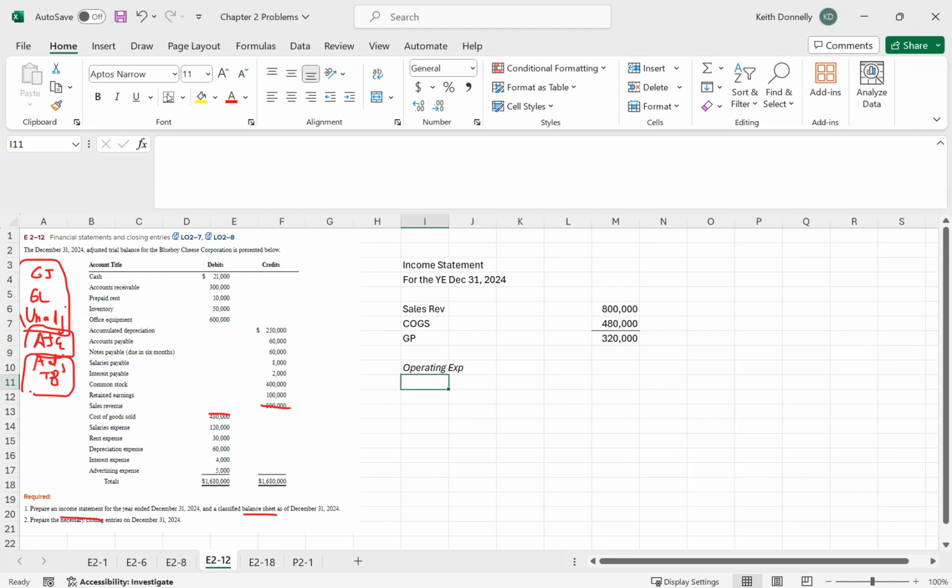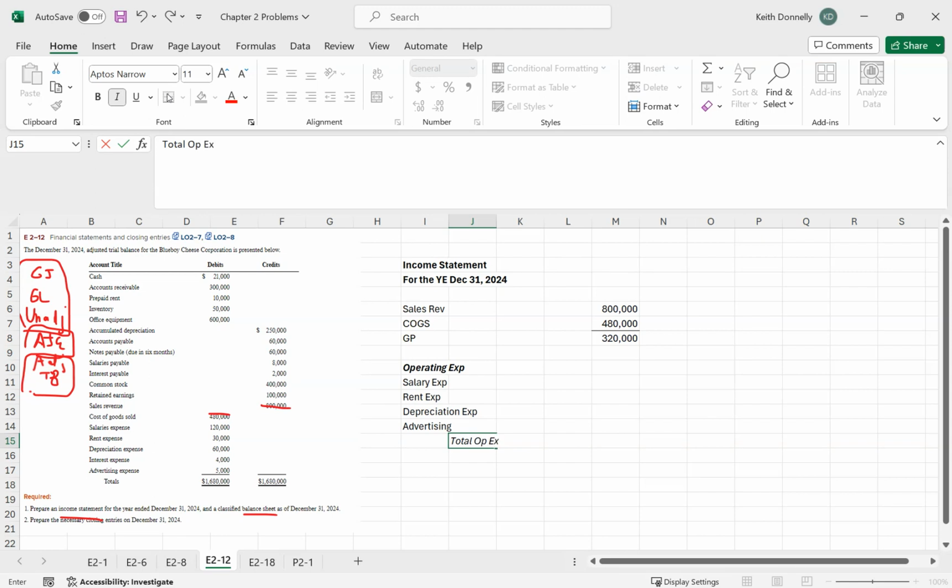So in this case we're going to have salaries, right? Let me bold some of these things. Salary expense, rent expense, depreciation expense, advertising. That's going to get us our total operating expenses.